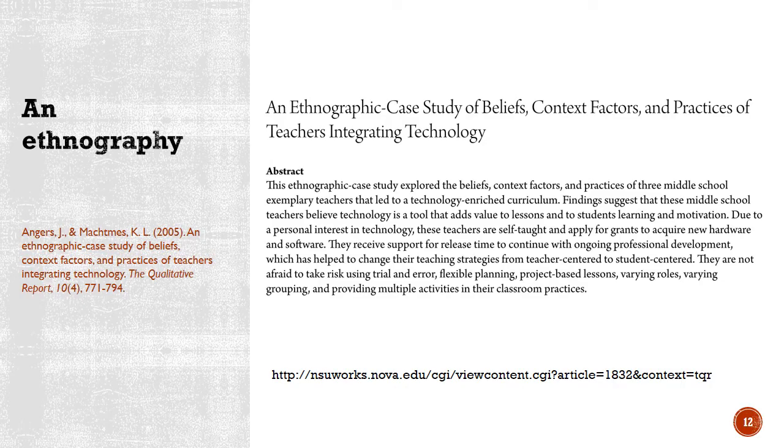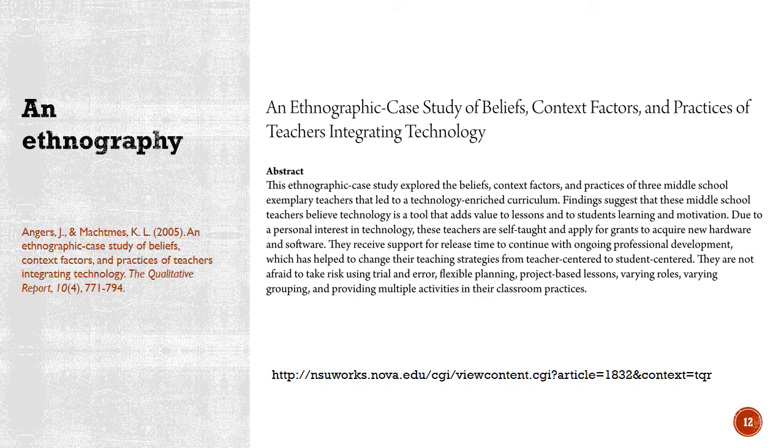Here's an example of an ethnographic study. An ethnographic case study of beliefs, context factors, and practices of teachers integrating technology. So here's an example where the ethnographic approach was used within a case study.